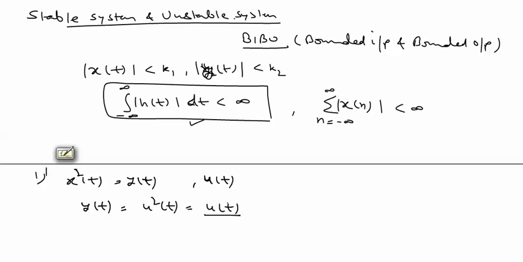Both the input u(t) and the result are bounded, which means the system is stable.